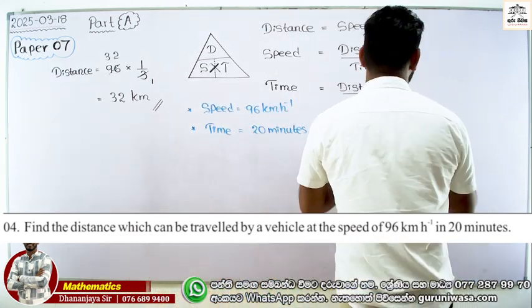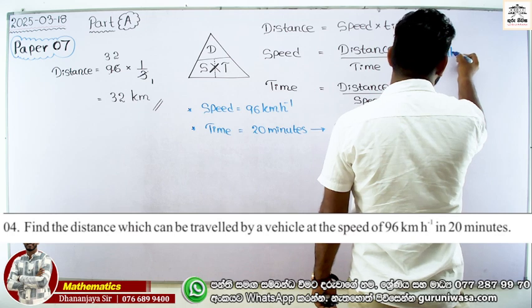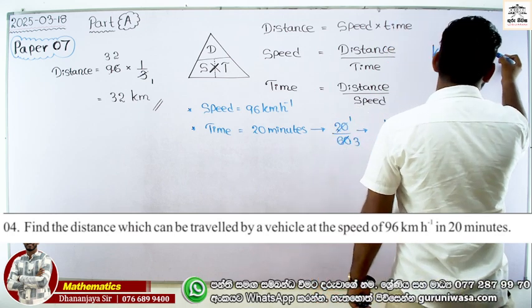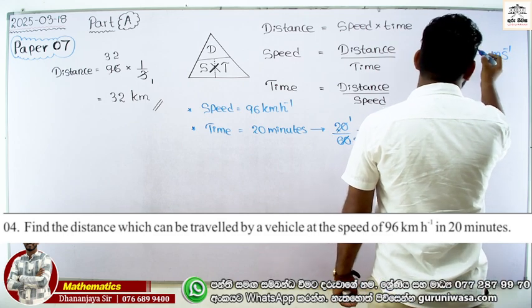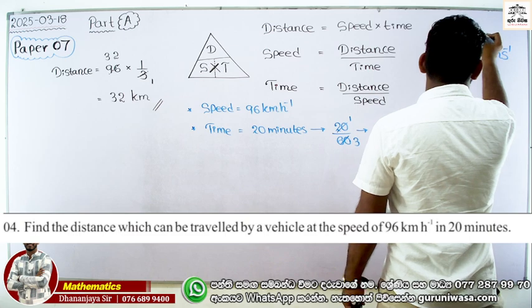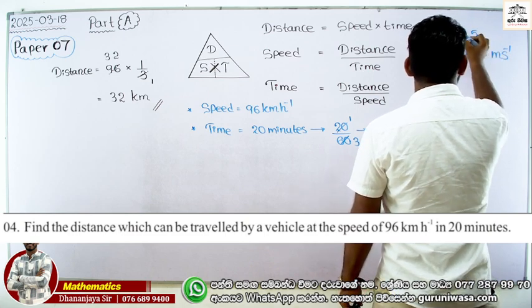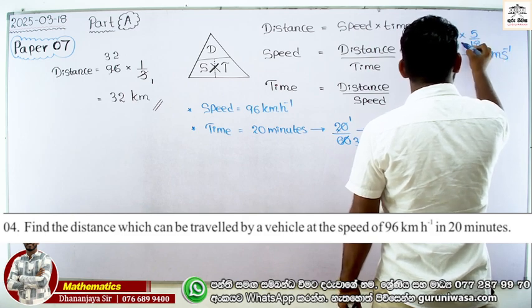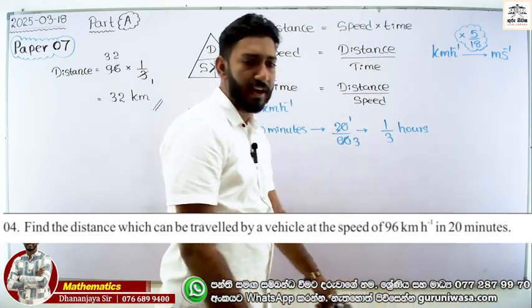This is very important. Kilometers per hour, change into ms minus 1. There is a very easy trick to do this. You need to multiply by 5/18. You need to multiply by 5/18.